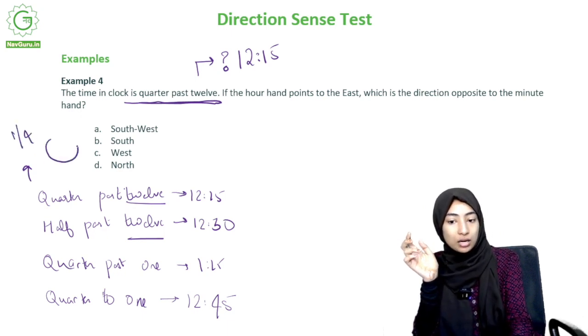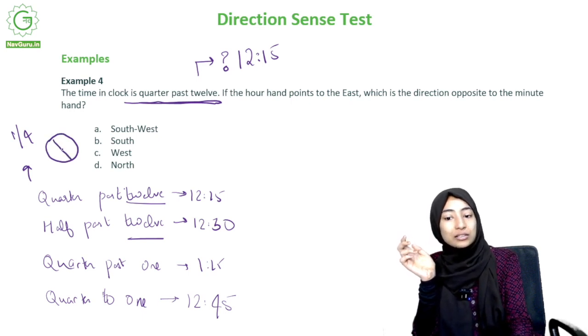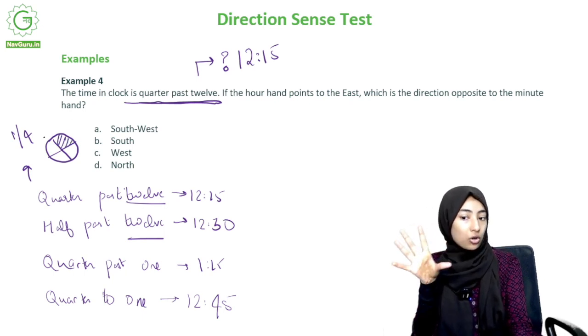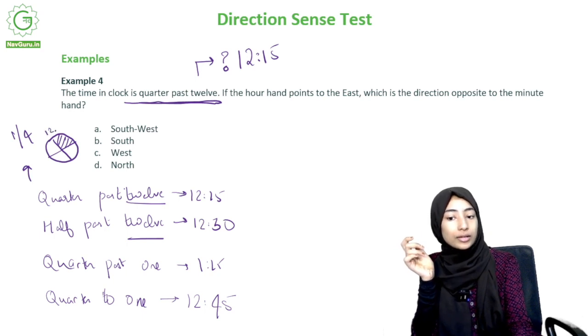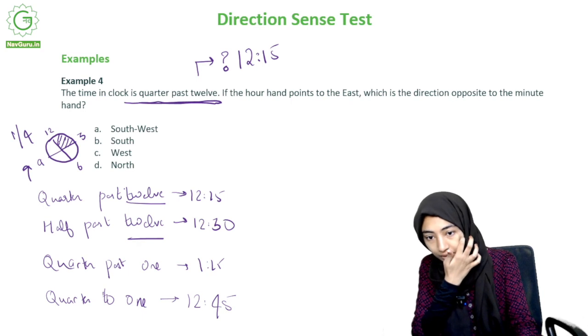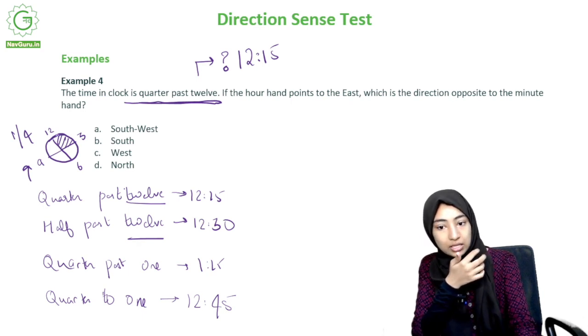So if you have a circle, I'm actually teaching you math at this point. If you see the circle as a clock, 12, 3, 6, 9, what is the quarter? It is 15 minutes, right? So from 0 to 3 is 15. 3 fives are 15, right?